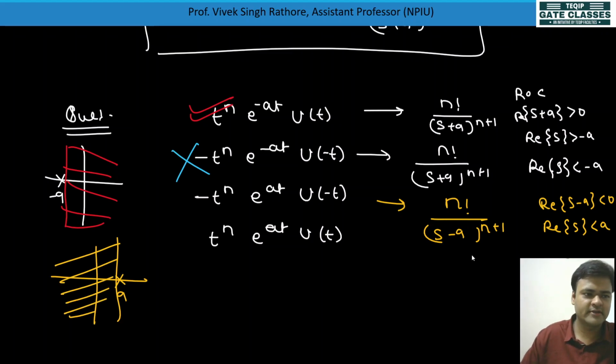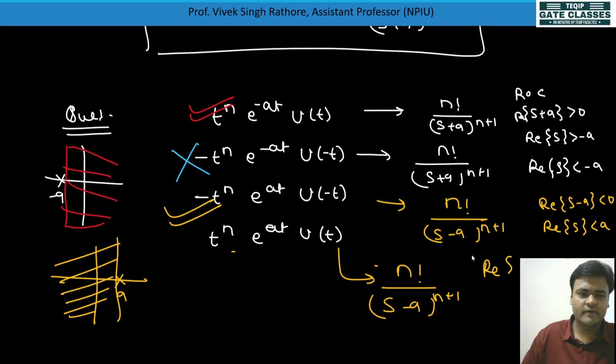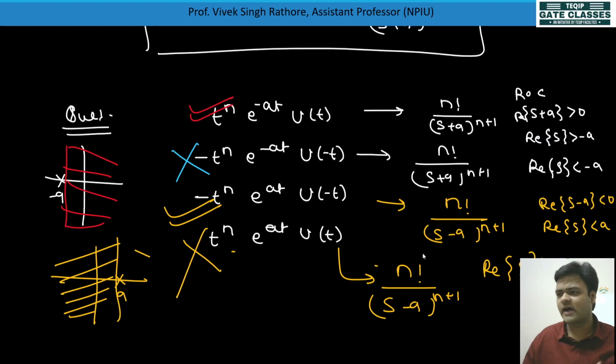It will include the j omega axis, so it is stable. And this one, n factorial by s minus a to the power n plus 1, with real part of s greater than a, the ROC will be here in the right hand side of a, and this system will not be stable because it won't include the j omega axis. So now you can understand that after seeing the impulse response, how we can see whether the system is stable or not.